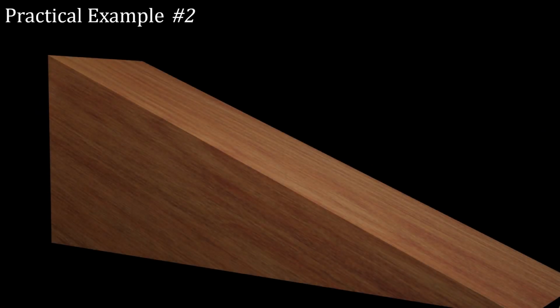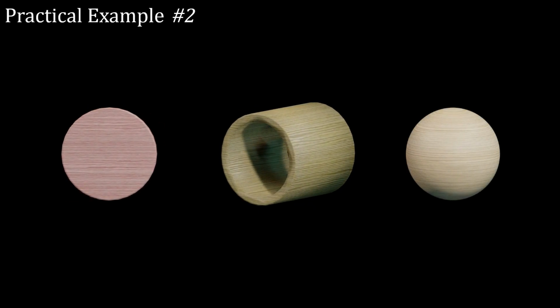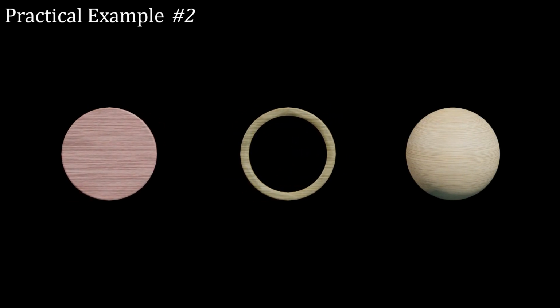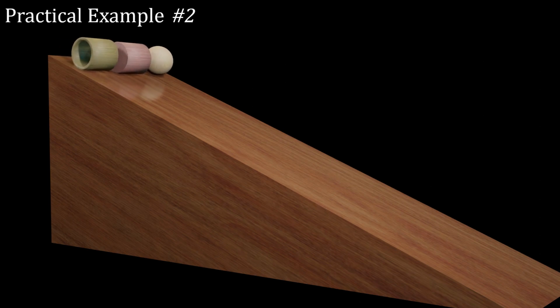Another example is when we roll differently shaped objects down an incline. Let's say that we had a cylinder, a hoop, as well as a sphere, all with the same mass and radius. If we allow them to simultaneously roll down an incline, we'll see that they roll at different speeds entirely.